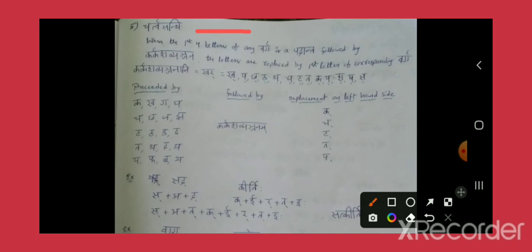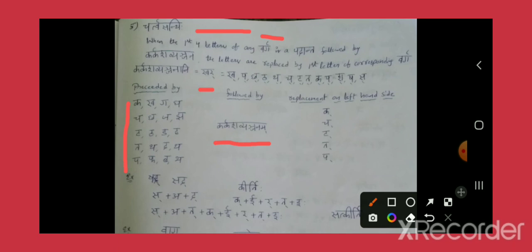When the first four letters of any varga, meaning Kavarga, Chavarga, Tavarga, Tavarga and Pavarga, are at the end of a padam, that is a padanta, and followed by a karkasha vyanjanam. What is the karkasha vyanjanam? It belongs to a khar letter.